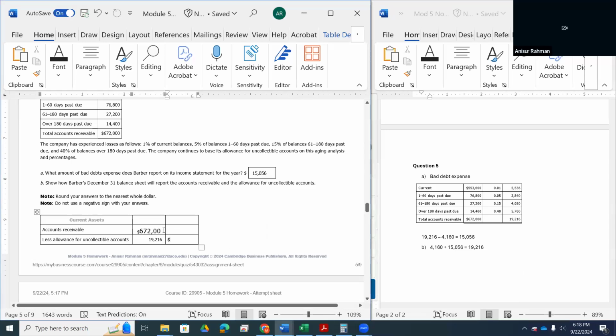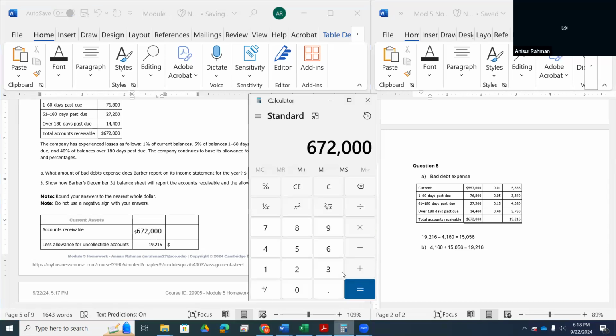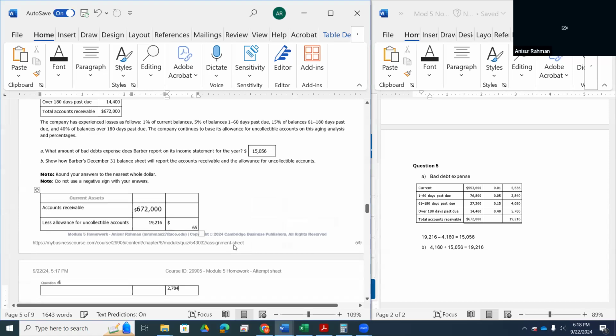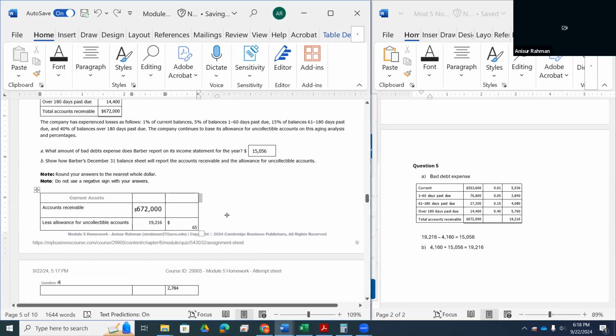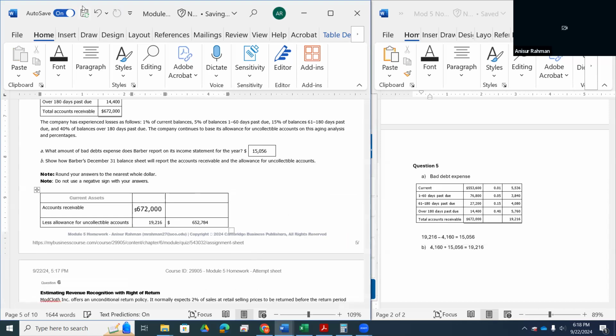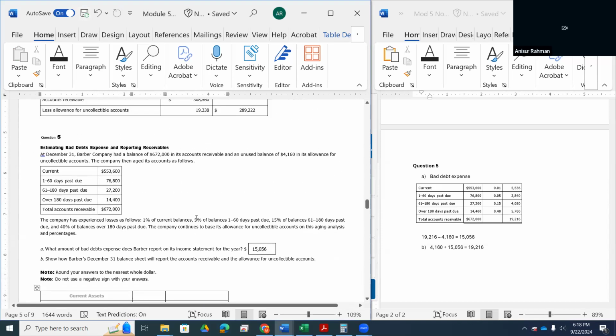There should be one more zero here. $652,784. Save this. So that is our question 5.